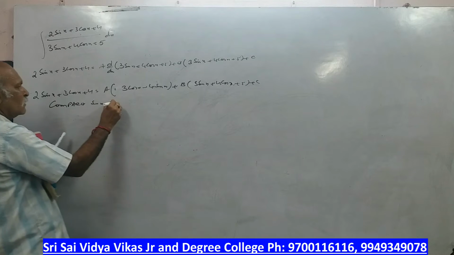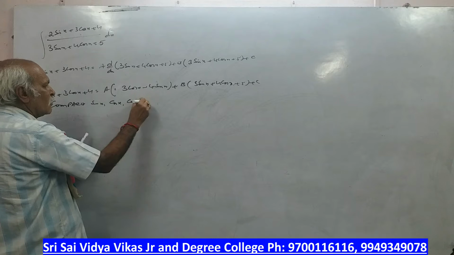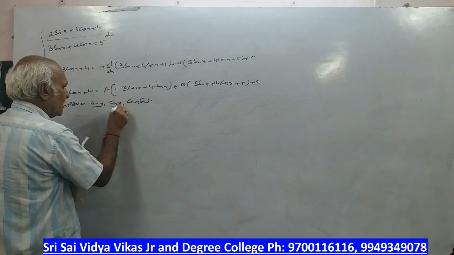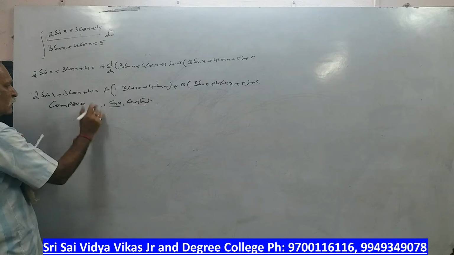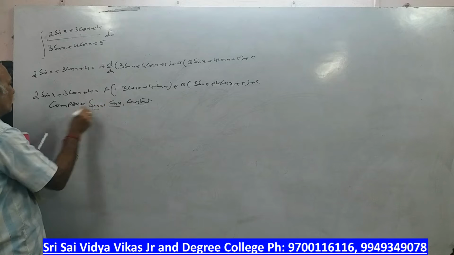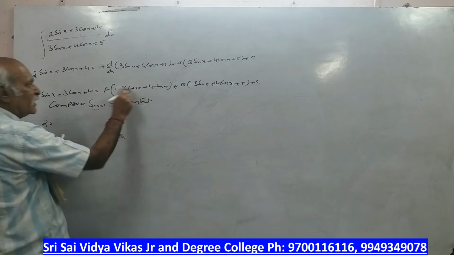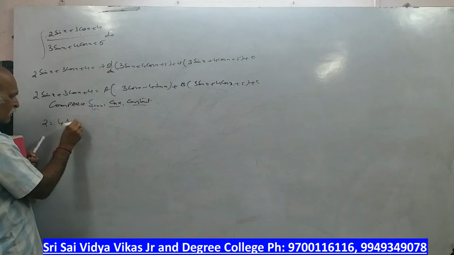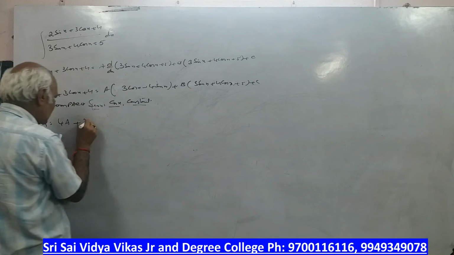Compare sin x, cos x, and the constant on both sides. What is sin x here? 2. Here sin x will be minus 4a plus 3b.